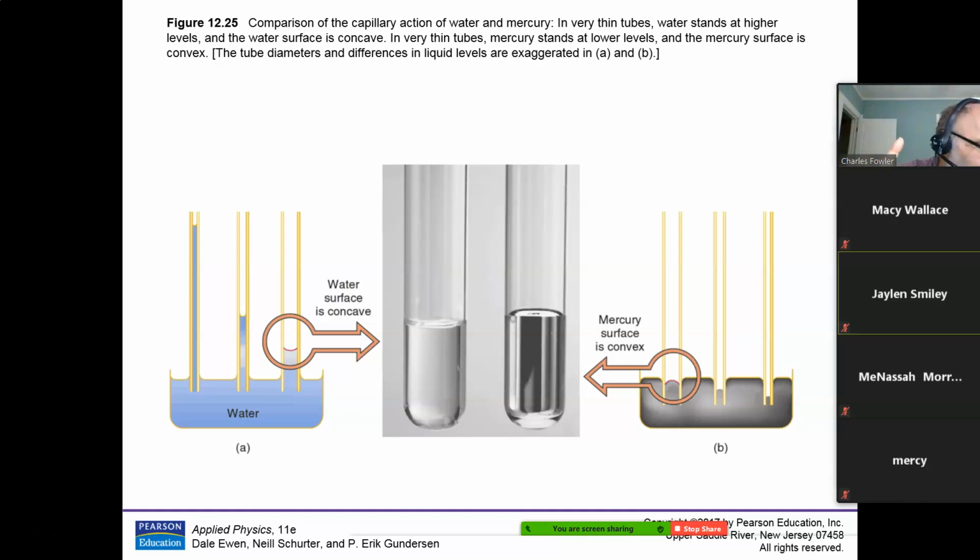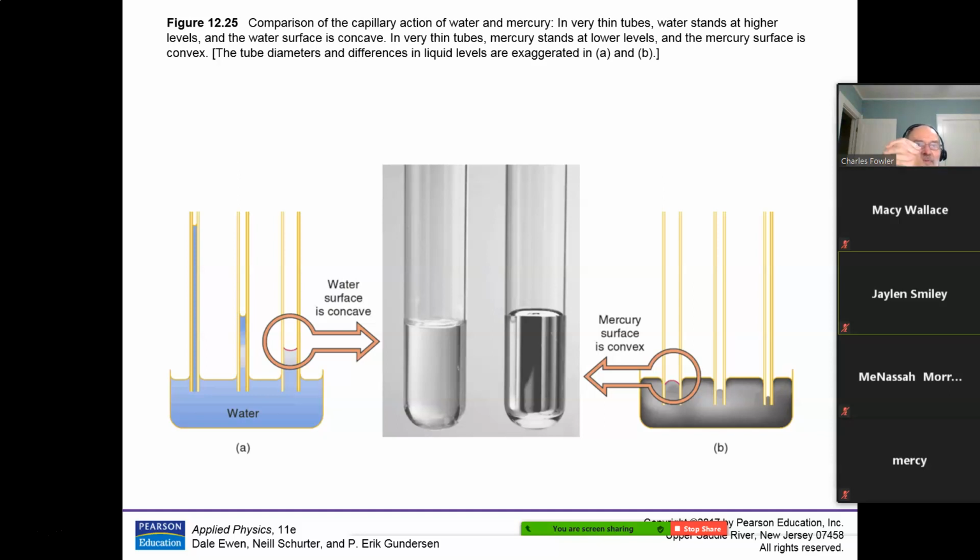Now I'm going to give you a little bit more precise definition of diffusion. Diffusion is the property that's caused by a concentration gradient. Now that sounds like a fairly complicated thing, but here's what it is.